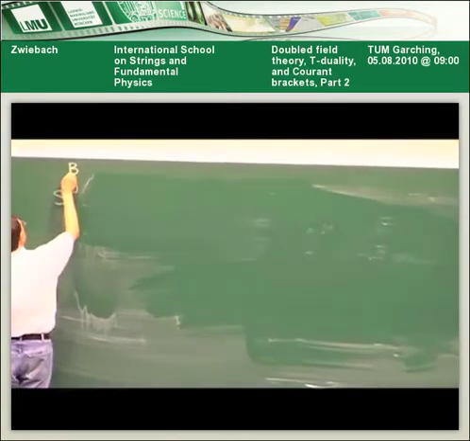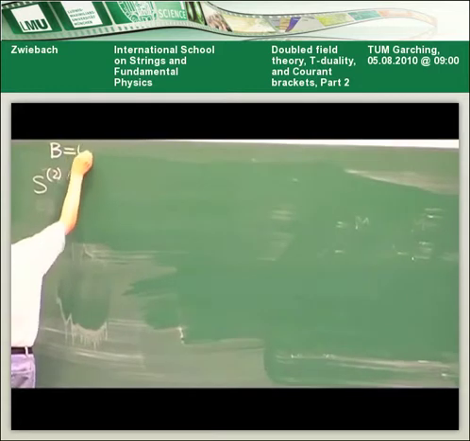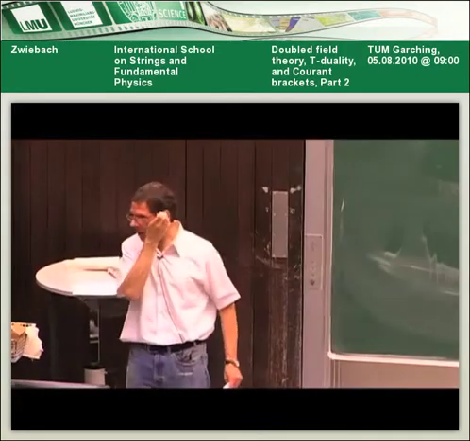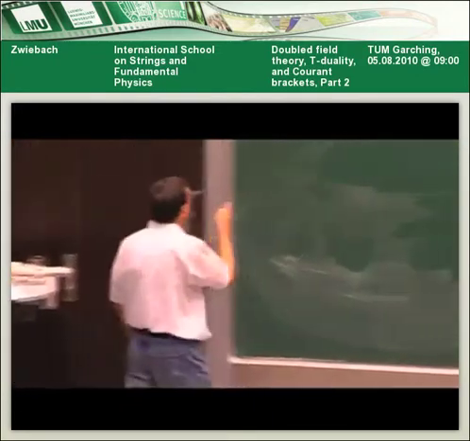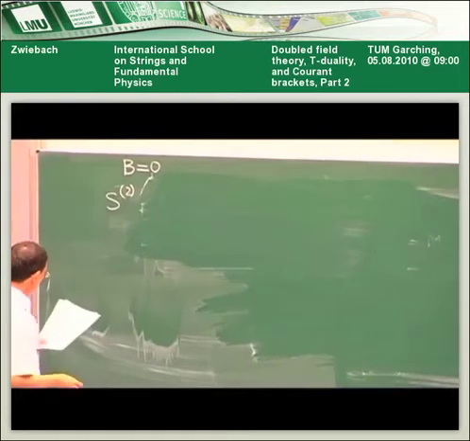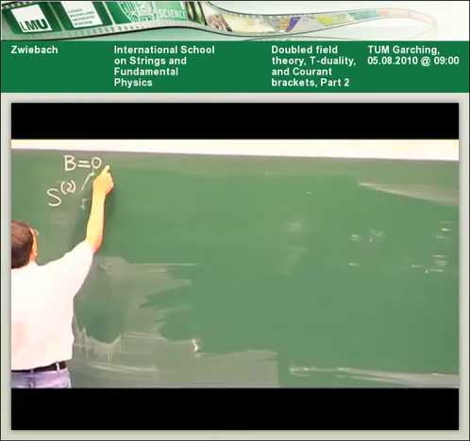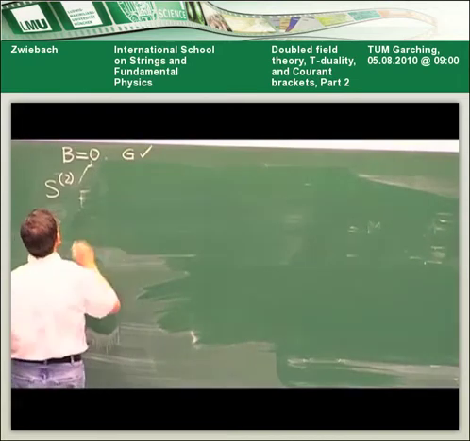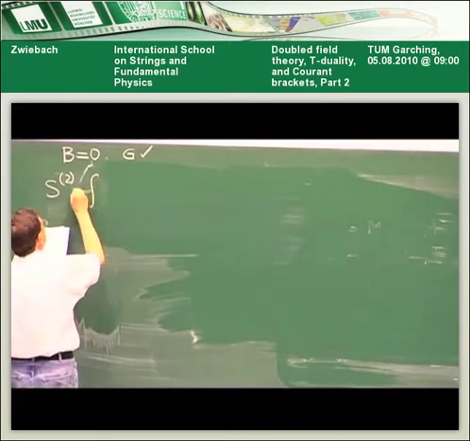I'm going to assume the background B is equal to 0. Remember, a capital E is G plus B, and unless you put B equal to 0, things are not so familiar. So let's put B equal to 0. G is still there. But here is what you get.